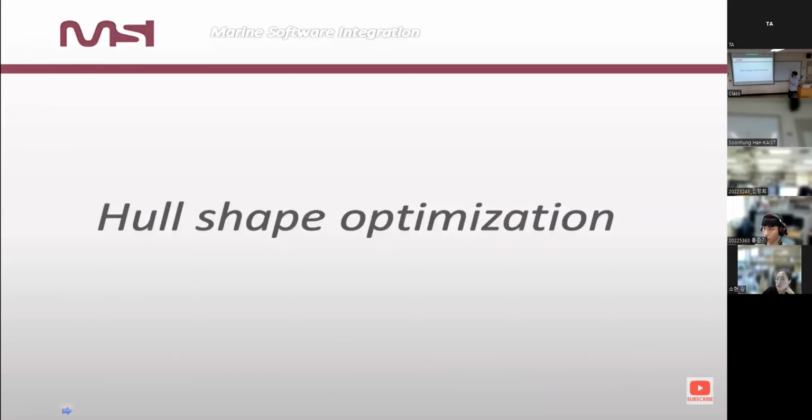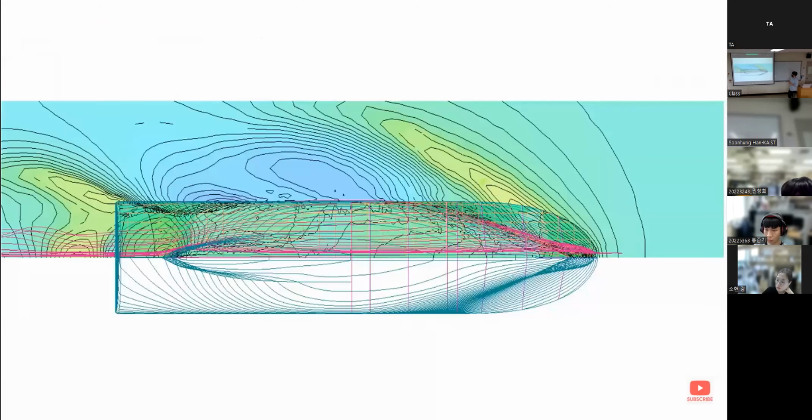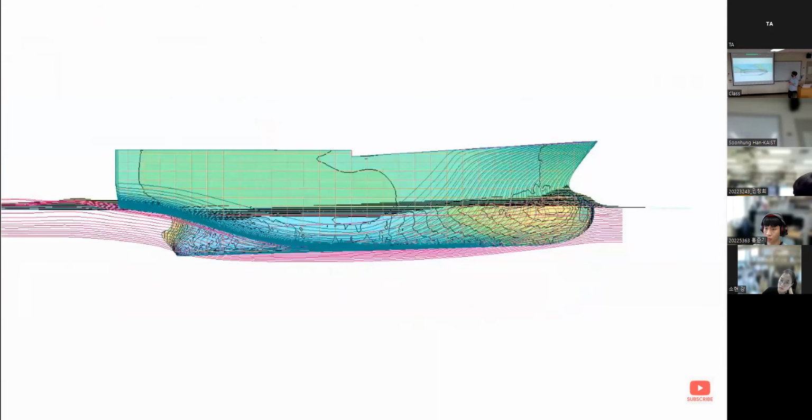Hull shape optimization. Modern methods of computer fluids dynamic lets us to make ship resistance predictions. Results of the CFD calculations can be visualized together with hull lines.